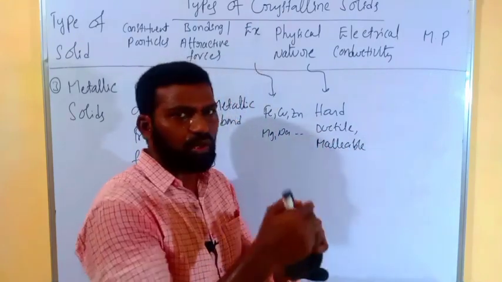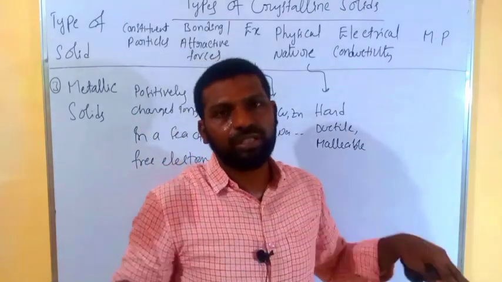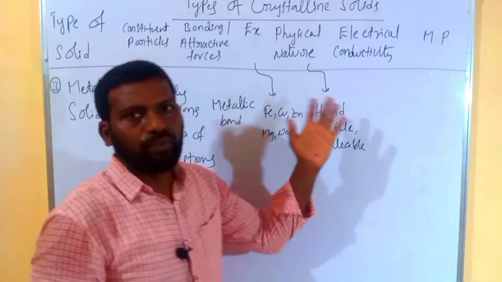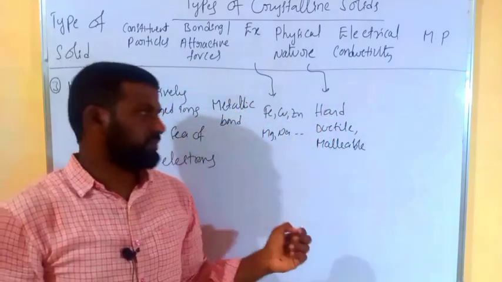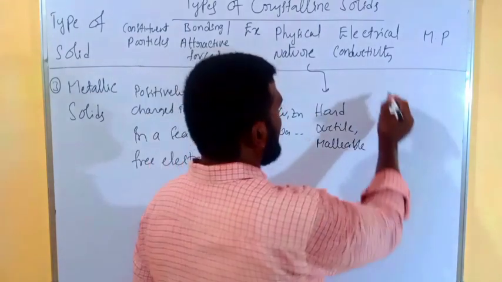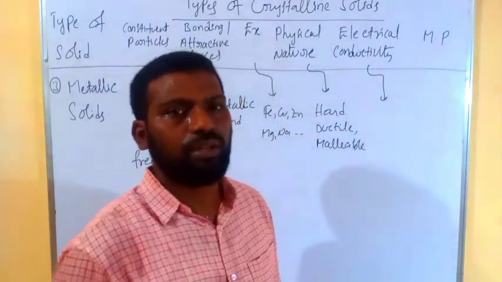Ductile means they can be drawn into thin wires. Malleable means they can be made into sheets, just like iron sheets and iron wires. Next, electrical conductivity. What about electrical conductivity of metallic solids?